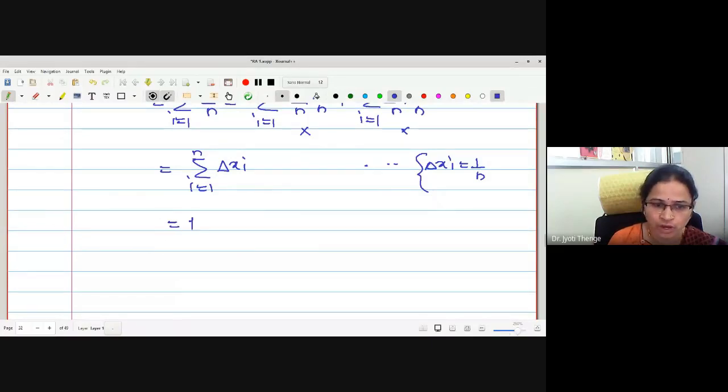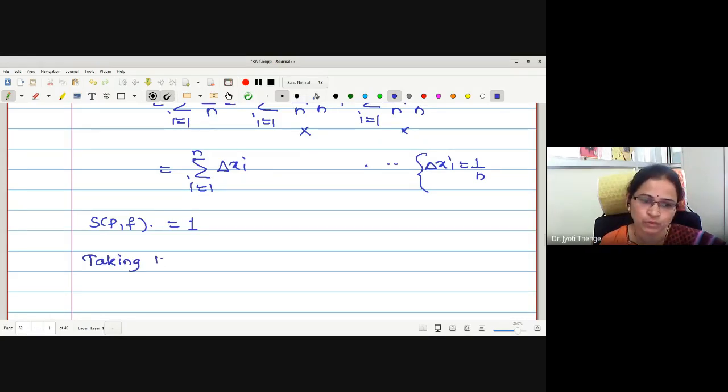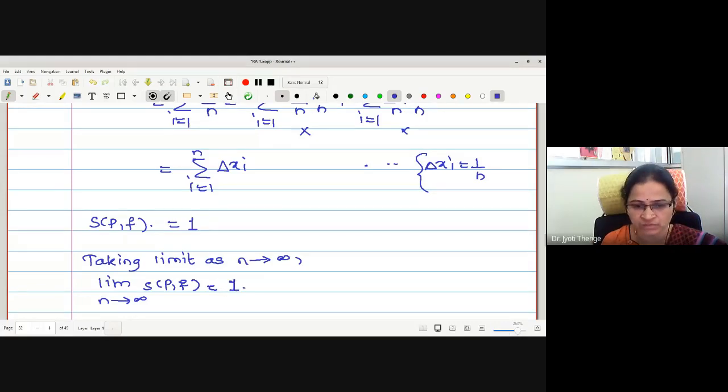So what we have found is S_P_f is 1. What is my next step? Taking the limit as n tends to infinity. What is the limiting value? There is no n on the right, therefore the limiting value is 1 itself.